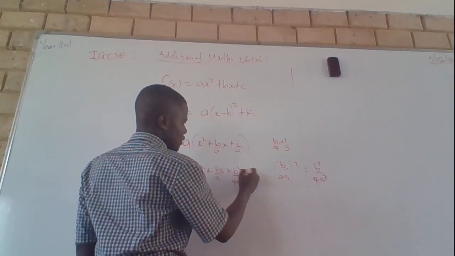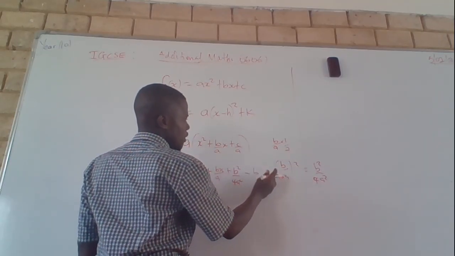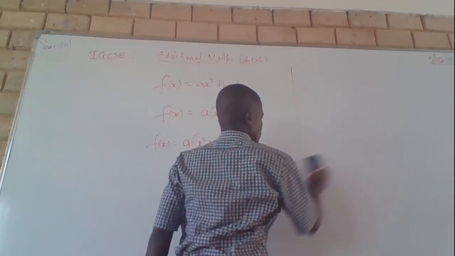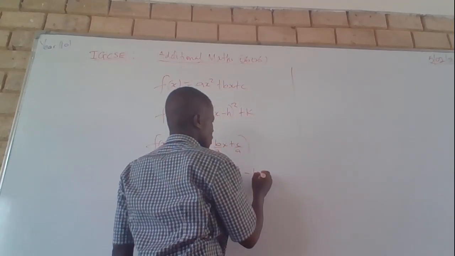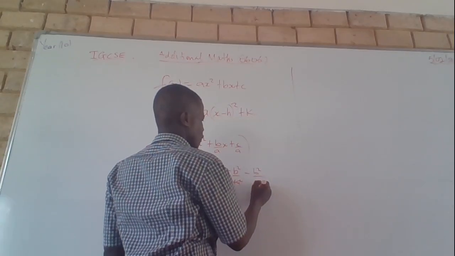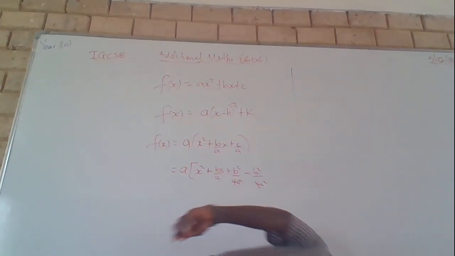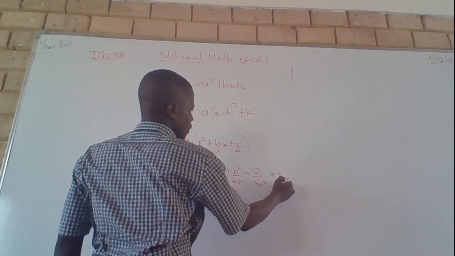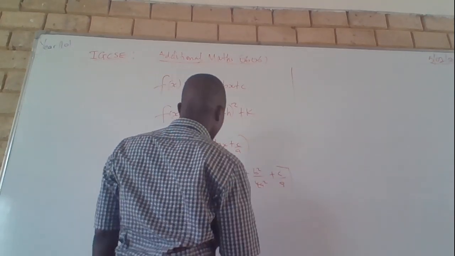Now we subtract, minus b squared over 4a squared, all right? Sorry for that. Now, then we have our c over a here, all right?